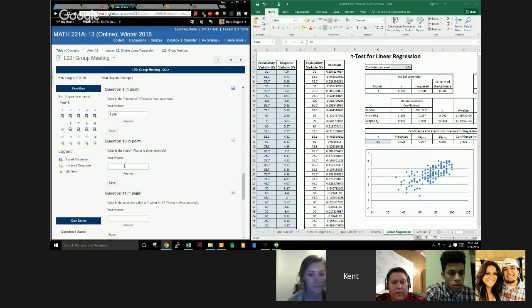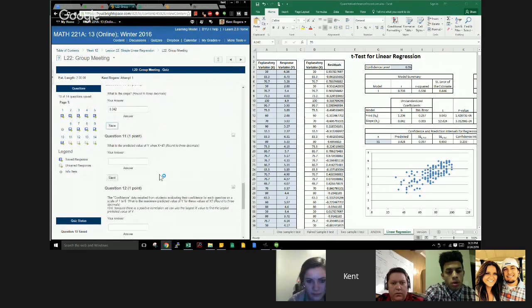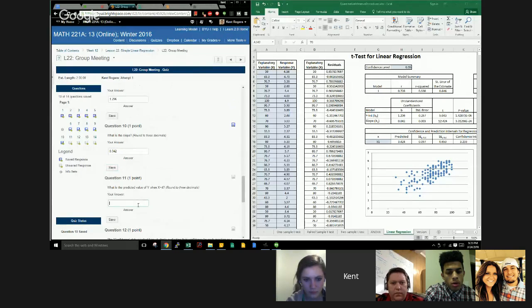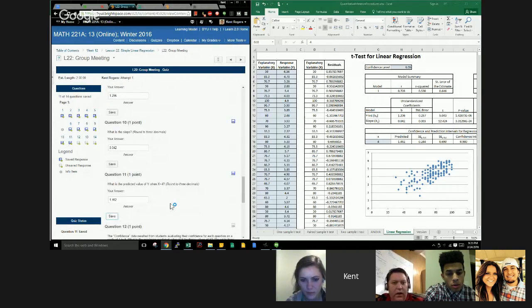So then, Brent and Stephanie, are you guys getting 0.042 for slope? Yes. Yeah. So if x equals what's that? I think I know what may have happened. When I pasted it in, they have a merge of cells 2 and 3, and I did not realize that they had merged those two.